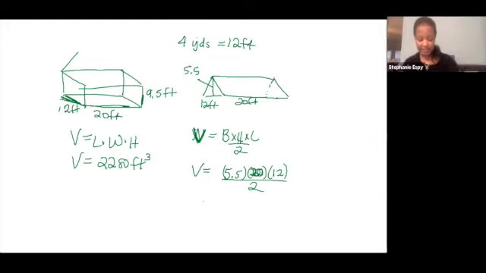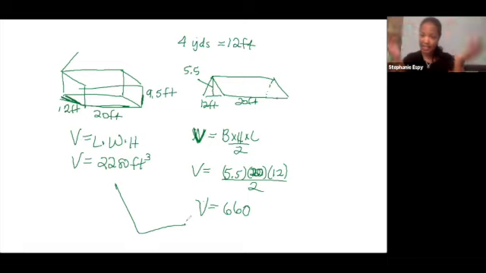You got 660? That's right. Okay, so this volume, 660. So now if you combine the 2 together, you'll get the entire house, the entire volume.